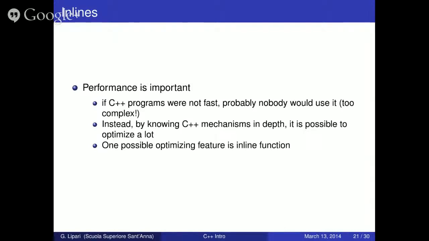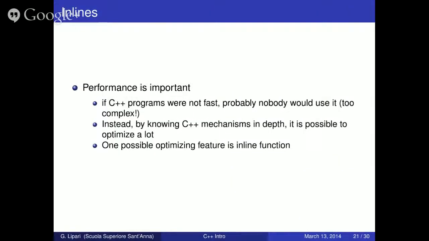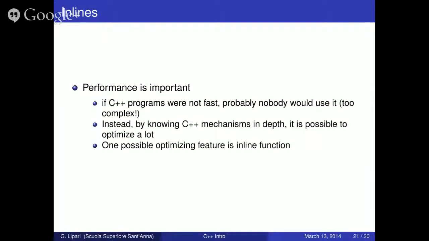And unfortunately, it's also very complex. So if C++ programming were not so fast, probably nobody would use it because C++ is a very complex language. Instead, by knowing C++ mechanisms in depth, it's possible to optimize a lot. So for example, I just explained to you that you can overload the new and delete operators.